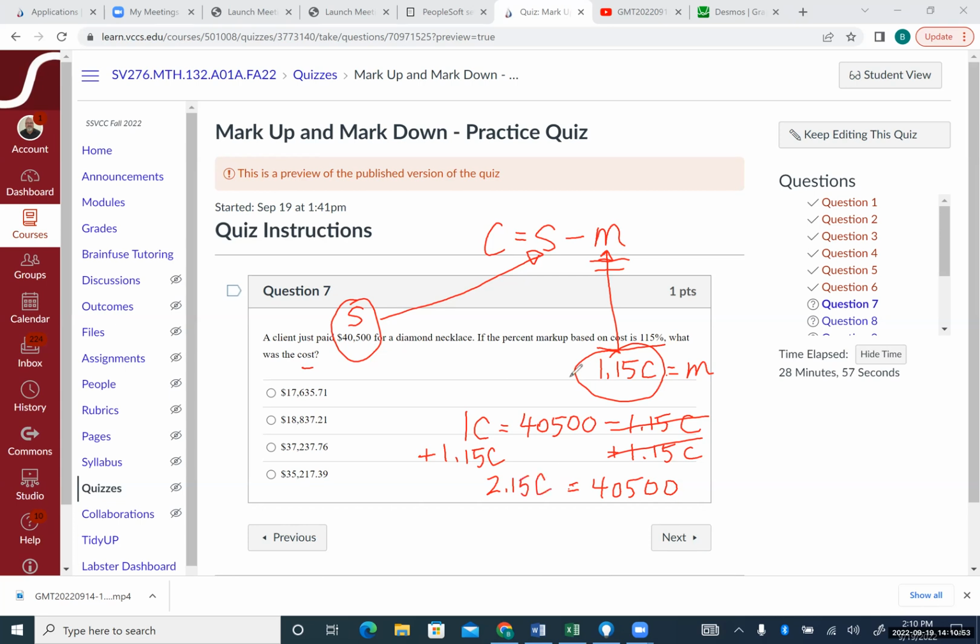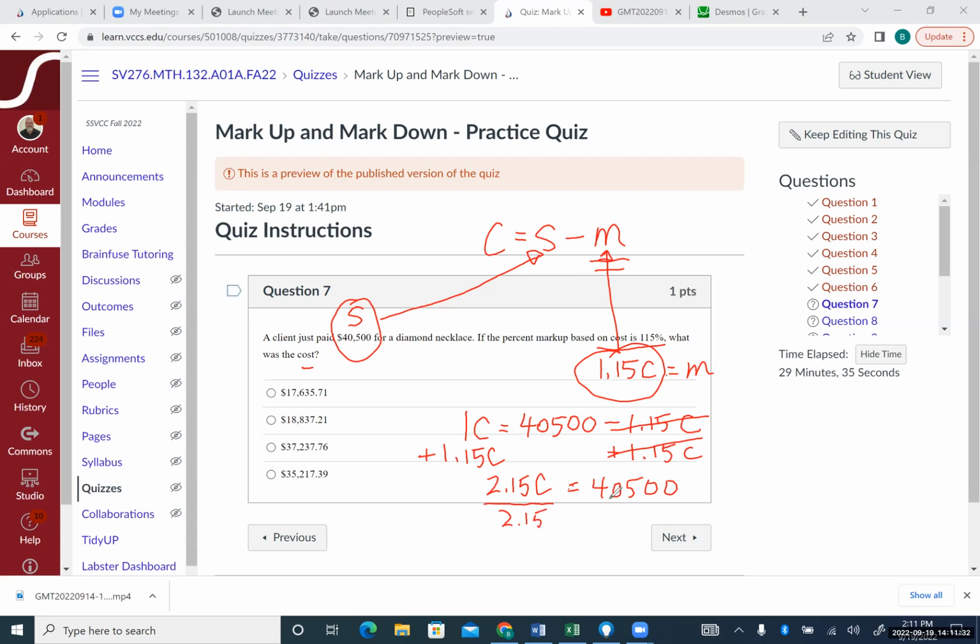If anybody can remember back to Algebra 1, if 2.15C equals 40,500, how do you find out what just C equals? Did you divide? Very good. When you're solving these equations, you do the opposite to undo something, so we divide both sides by 2.15.